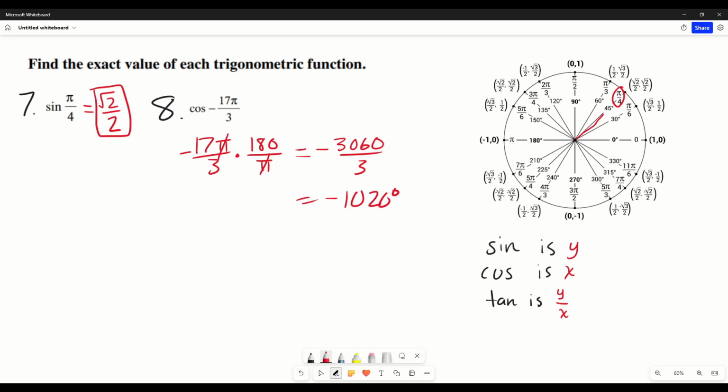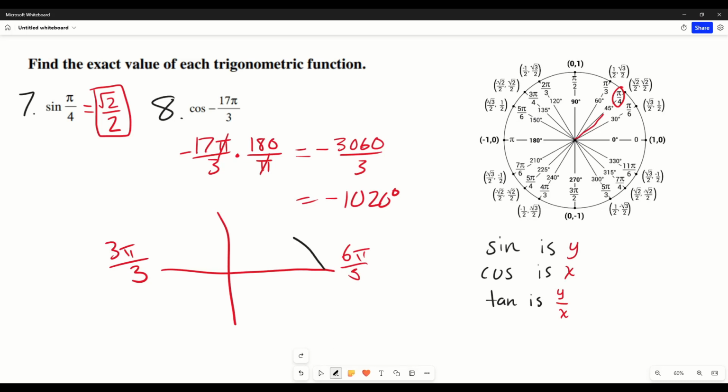Which is a lot. Let's just consider this. Let's find the reference angle of this. So this is 3 pi over 3, this is 6 pi over 3, which is going to be 2 pi. Go 1, 2, 3, 4, 5, 6.